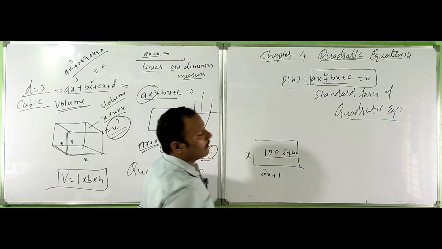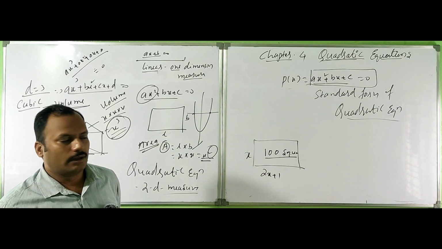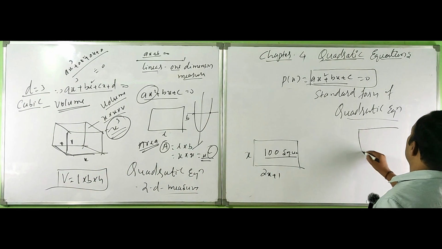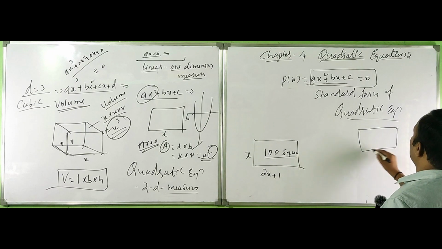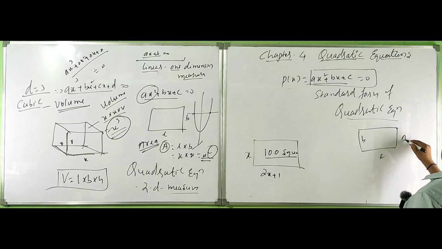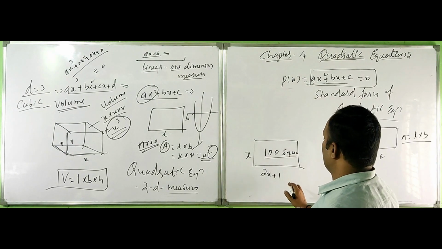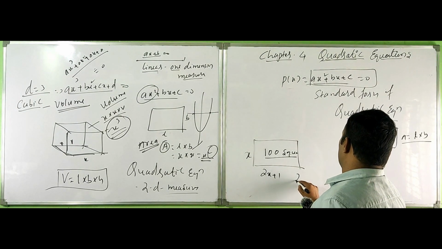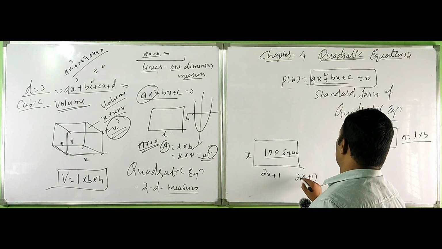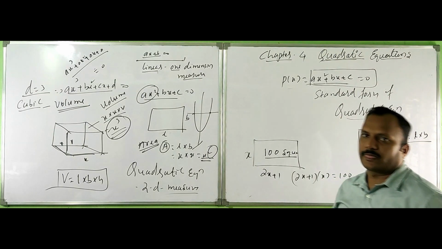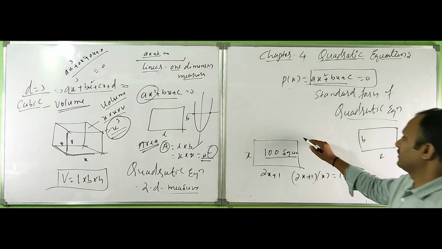Then how will we write this? What is the area of the rectangle? Area is equal to length into breadth. What is the length here? 2x plus 1 into x is equal to 100. They have given the area.